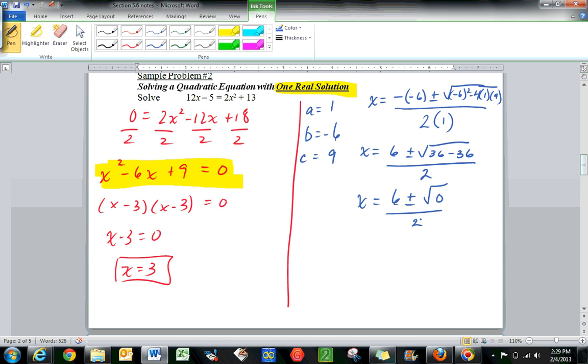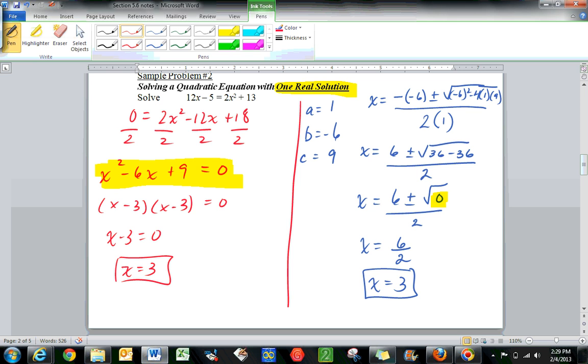And of course the square root of 0 is always 0, so we're going to be left with x equals 6 over 2, which means x is equal to 3. So you can see here when we have a perfect square trinomial that we end up with this special situation right here, and that is definitely going to come into play in a later video.